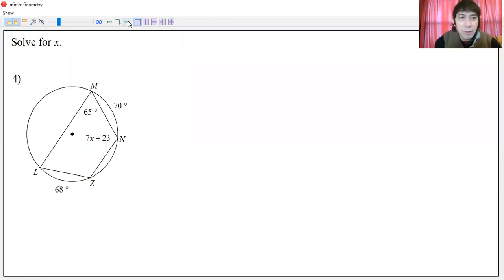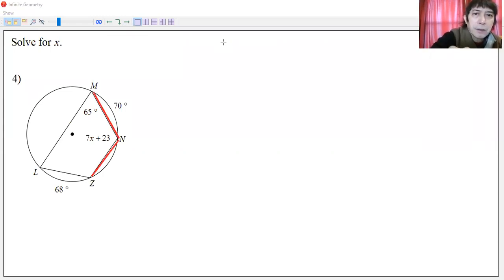Solve for x. Okay. This time we're only after the x. Looking at the diagram, we can solve for x if we find the measure of the arc MLZ, because that's the subtended arc. I'm talking about this angle.